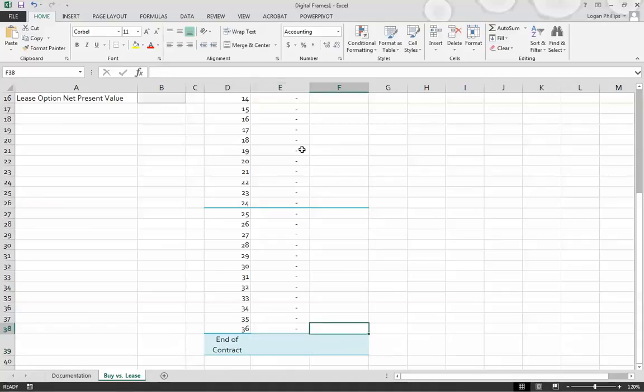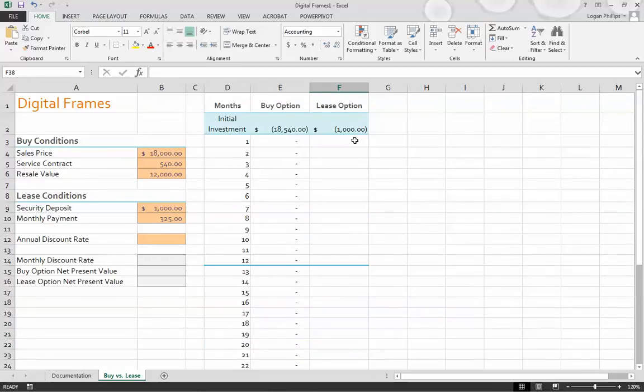In the range F3 through F38, enter the amount Linda would have to spend under the lease option each month as a negative cash flow. So we're going to have a monthly payment of negative $325.